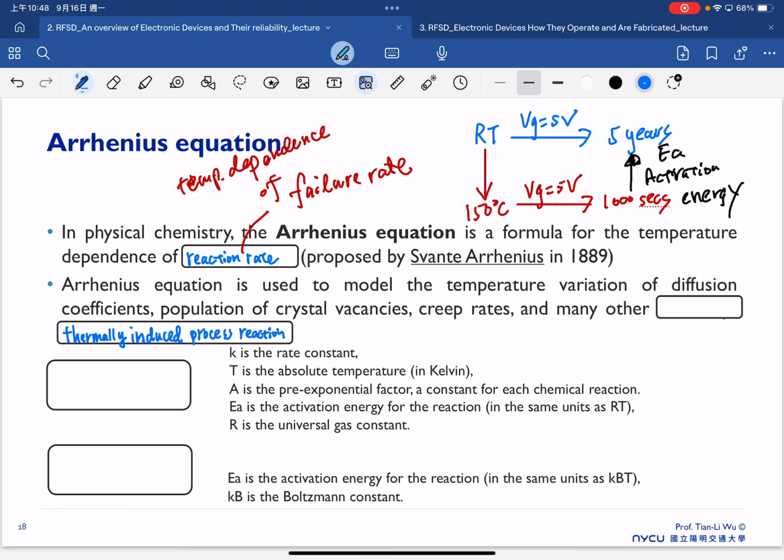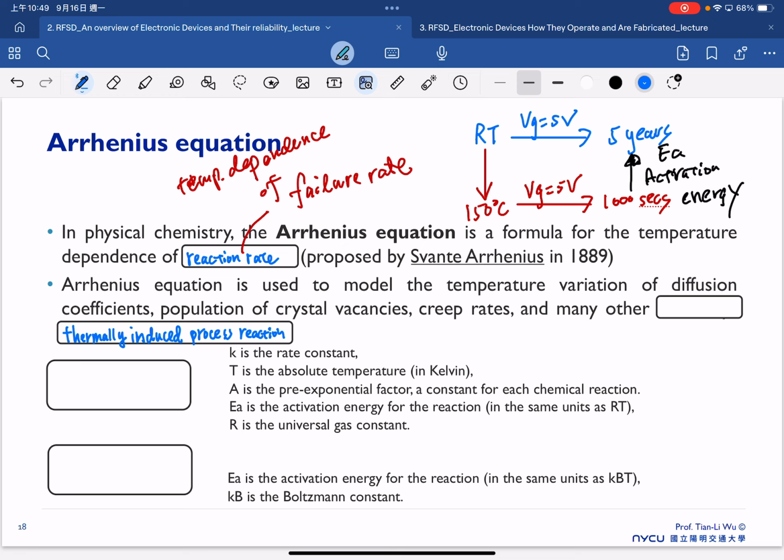So now I hope everyone has a more consistent understanding, because in the beginning we already mentioned that temperature is one universal way to accelerate degradation. I think that's pretty straightforward from everyone's daily experience: once you put certain things at a high temperature, they always degrade faster.